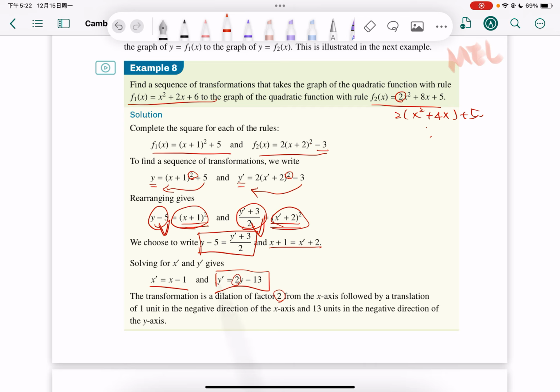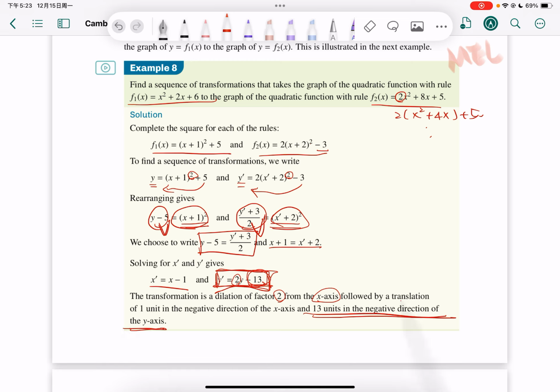Because when we are talking about the equation of y, we're actually doing dilation. If it's dilation, then we are actually doing it on the x-axis. But for the translation in this y equation, we are talking about y. So 13 units in the negative direction of the y-axis.